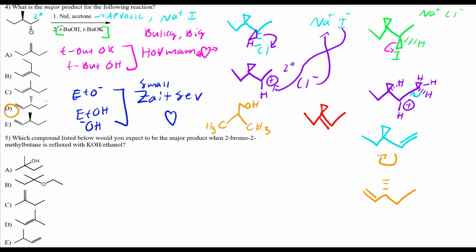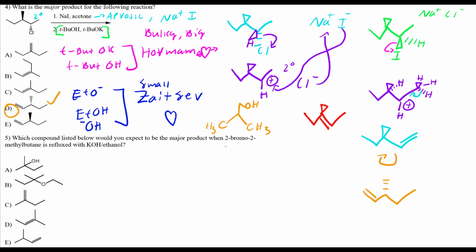This is really testing you on Zaitsev versus Hofmann and when each would occur. It also tells you about the stepwise procedure: first you do an SN2 reaction, and then afterwards an elimination reaction that favors Hofmann.